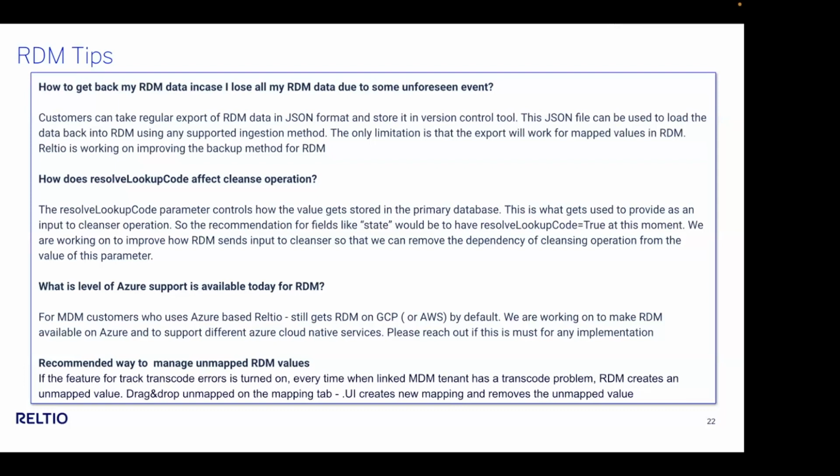So as a fix, we're working on a solution to make sure that inside the API, the platform handles it. It should not depend on the resolve lookup code value. It should handle it, transform, and do the transcoding if needed, so that the cleanse works perfectly.